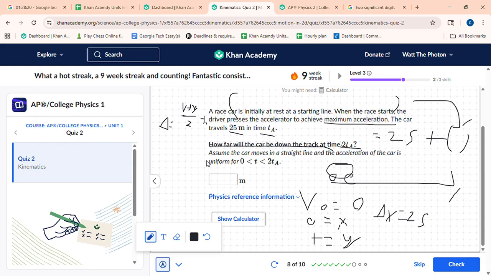Acceleration is constant, so if we use the original formula, and v naught is equal to 0, v has to be equal to a times t.